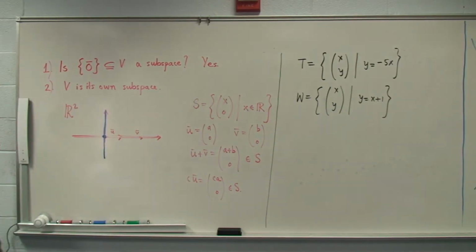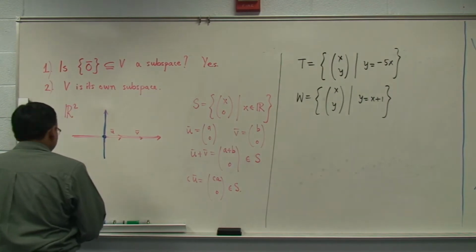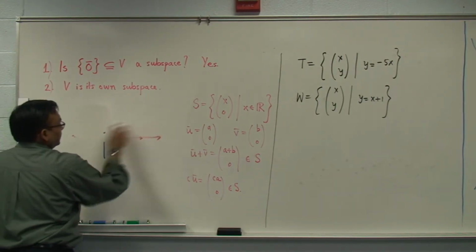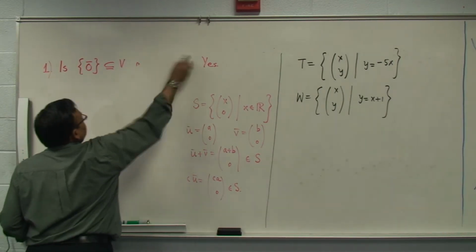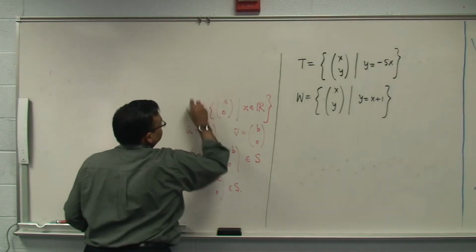Now, the question is which of these are subspaces and which are not. We can go with the simple observation first that both sets are non-empty. The question is whether they'll be closed under addition and scalar multiplication.